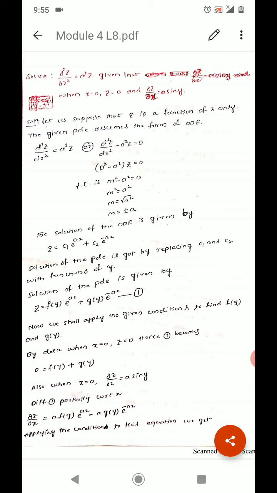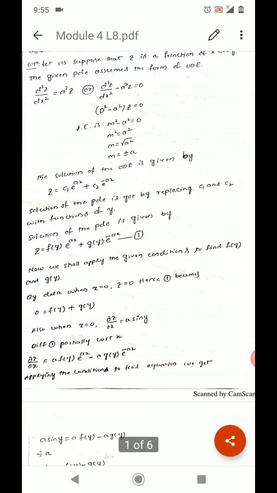That can be written as capital D square minus a square of z is equal to 0. Therefore auxiliary equation is m square minus a square is equal to 0. Therefore m is equal to plus or minus a. So this is a real root. Therefore the solution is z is equal to c1 e power ax plus c2 e power minus ax.